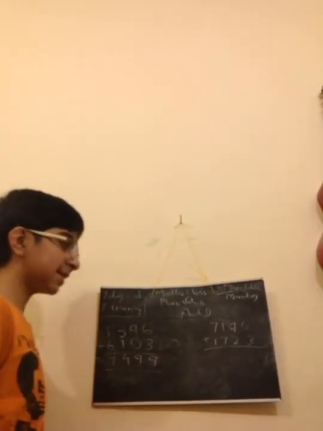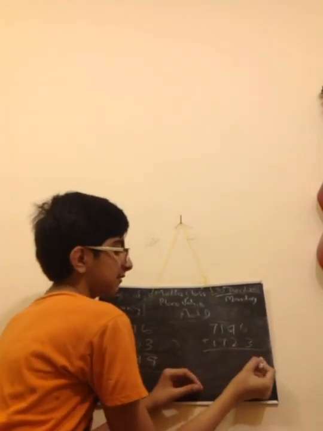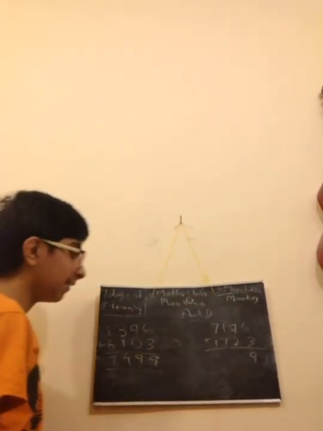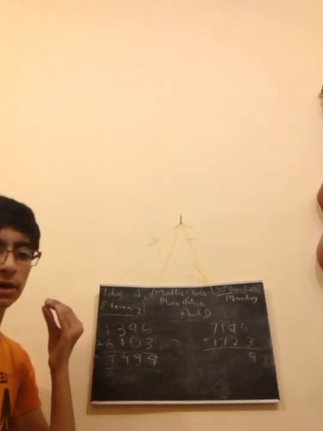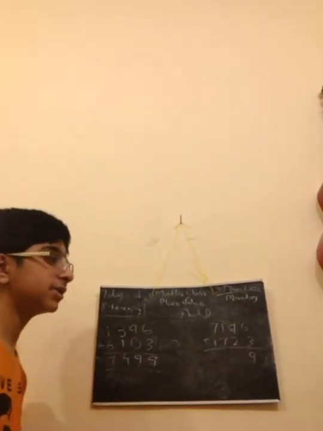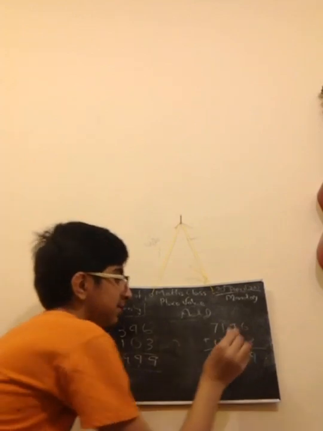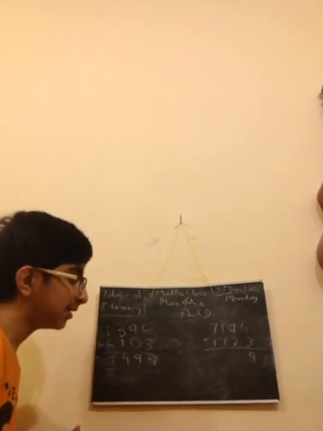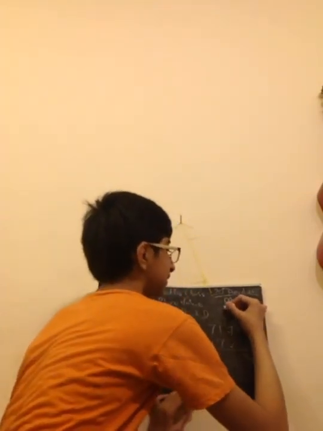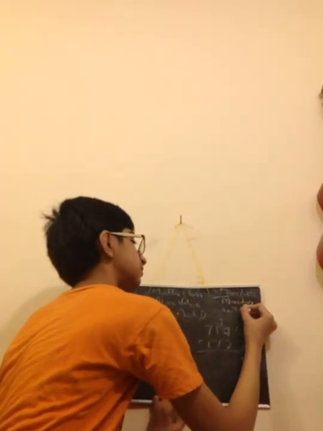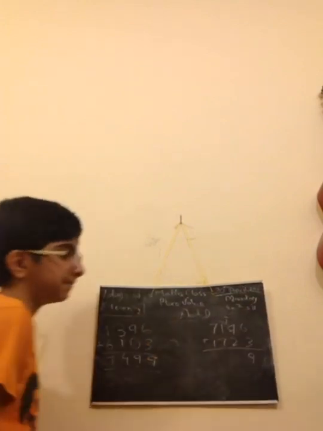Now this sum, 6 plus 3 is 9, as you can see, calculate it mentally or just count it on your fingers. Now this one is the complicated part. The answer to this is 9 plus 2 is equal to 11.